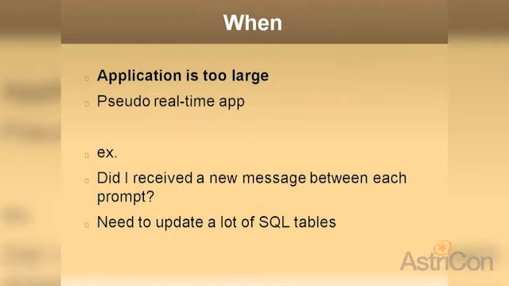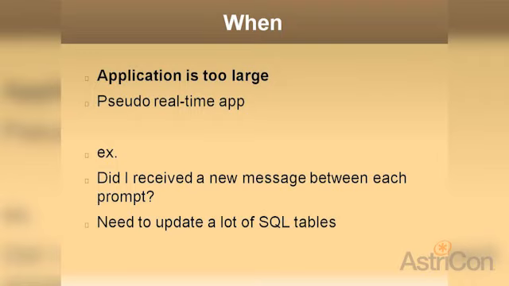When to use them? When your application is too large. If you're doing some billing or a pseudo-real-time application, let's say I've written some dating services IVR. So between each prompt, I have to call a function to verify, did I receive a new message?